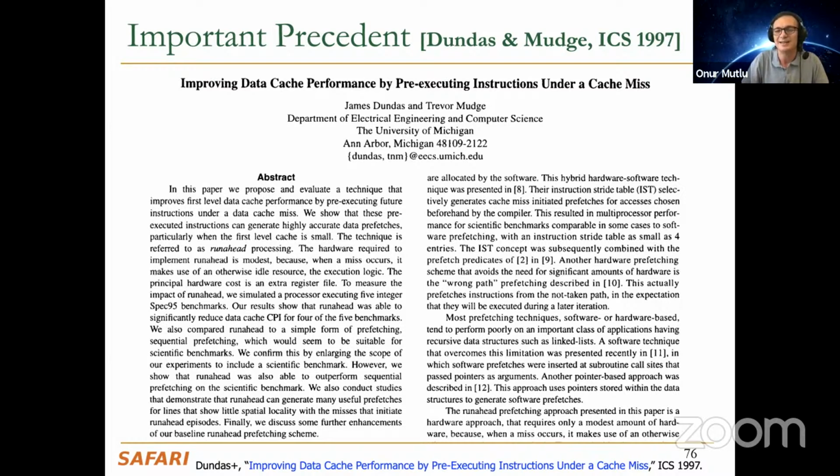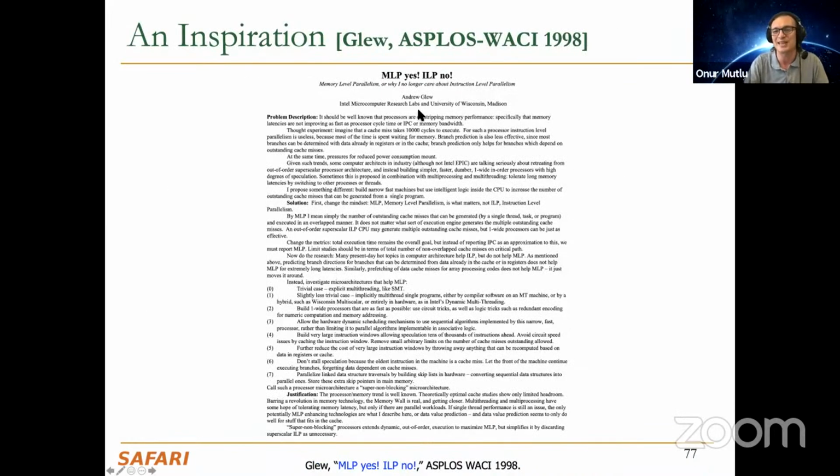And if you're really interested in the idea of memory level parallelism, I would recommend reading this one-page paper. This is the entire paper over here, and it talks about memory level parallelism: why it's important, how it's important, and why we should design systems and microarchitectures that try to parallelize cache misses as much as possible, so that the processor doesn't need to see the stall time for any of the cache misses.